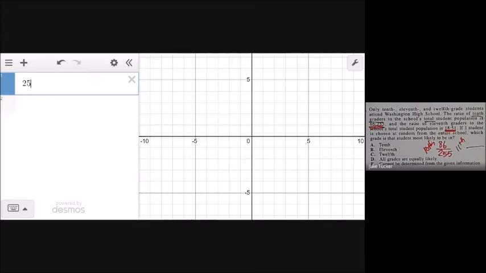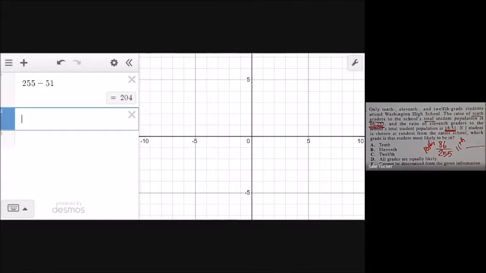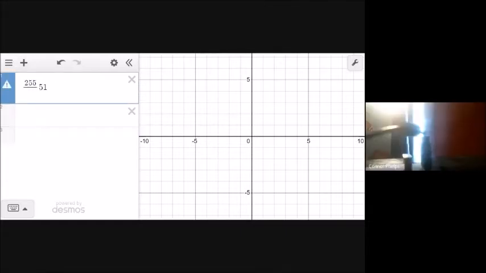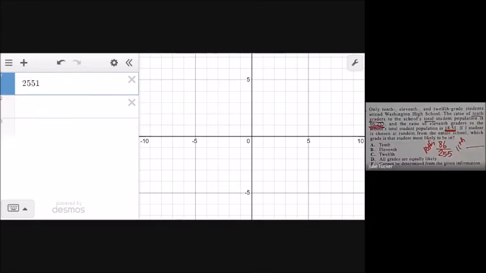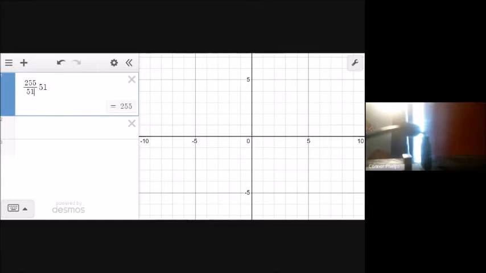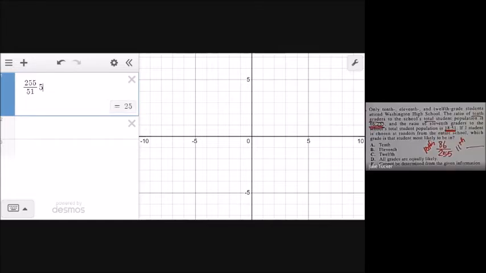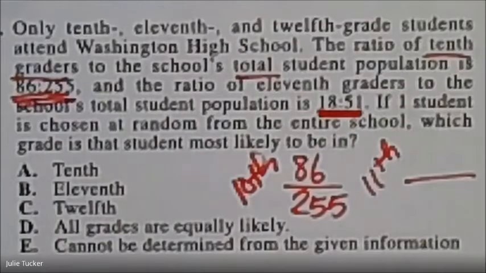So 255 divided by 51 equals, wait, I hit the wrong button. I hit minus. I'm struggling. There you go. There's the answer, 5. Okay. So they've reduced it by 5. All right.